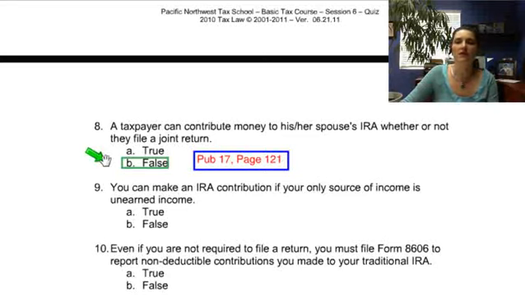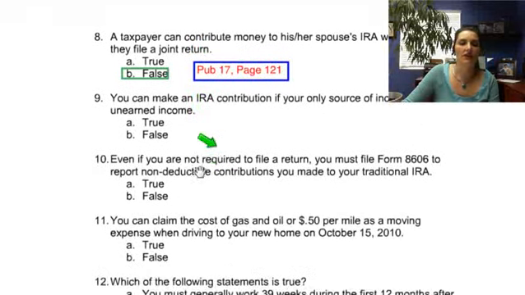So ultimately, if you're making a contribution to their account, and you want to claim the deduction on your return, you're going to have to file a joint return with them. And if they want to be able to make a contribution to their account and file separately from you, they would have to have compensation showing on their return. So that's essentially what's going on there. You can read more about this in Publication 17, page 1T1.